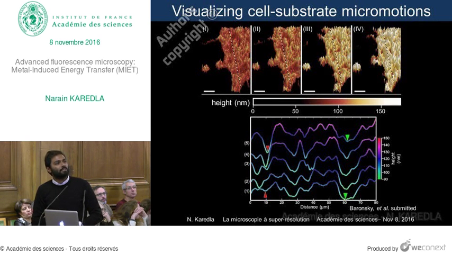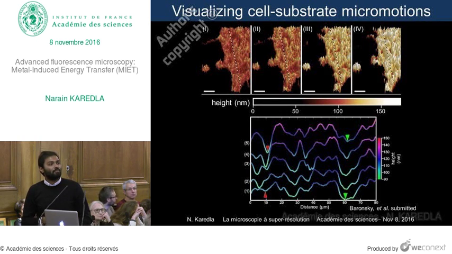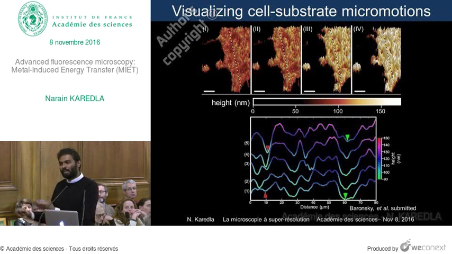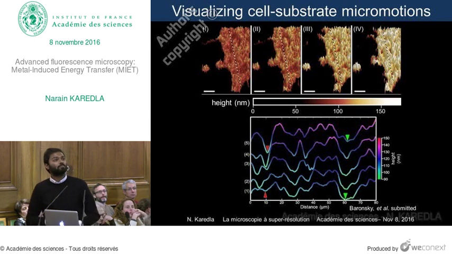So I'm plotting here the height profile from a line from these 4 or 5 images, and what we see is the appearance and the disappearance of focal adhesion spots in some places. So during the first stage, a lot of focal adhesion spots are disappearing, and in the last stage, they are appearing again, so they come down to the surface.